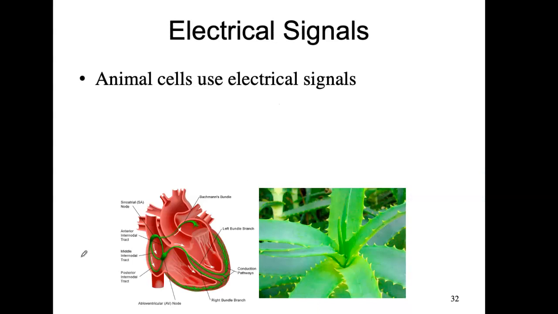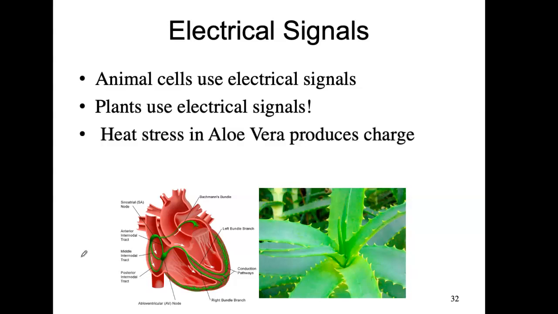So those are electrical signals, and there's electrical signals in our bodies and even in plants. So animal cells use electrical signals. Our heart is a really nice example of electrical signals sent in order for it to contract. Plants use these electrical signals, and this is a photograph of aloe vera.